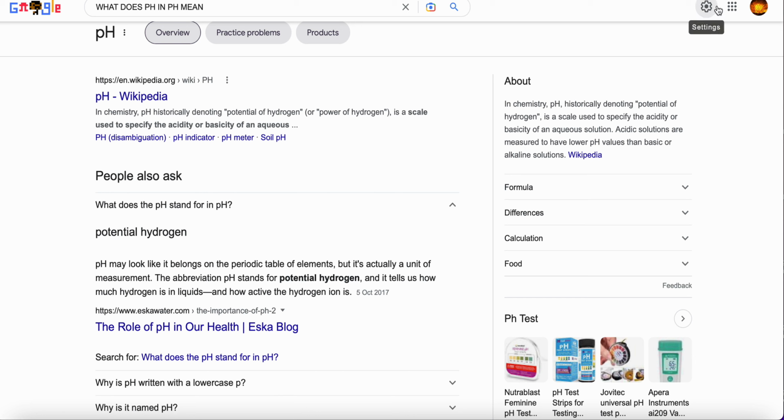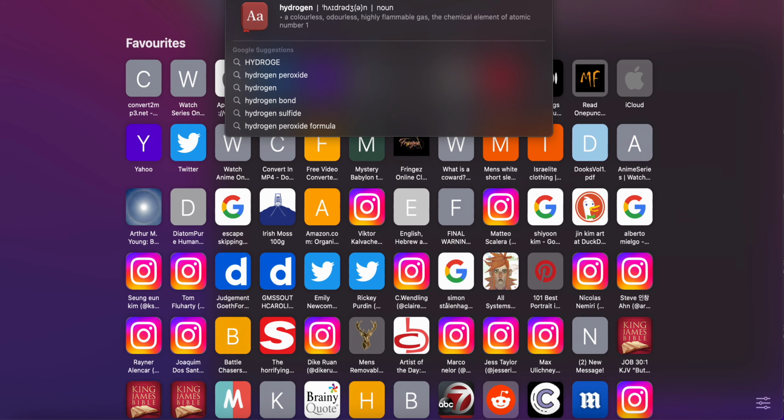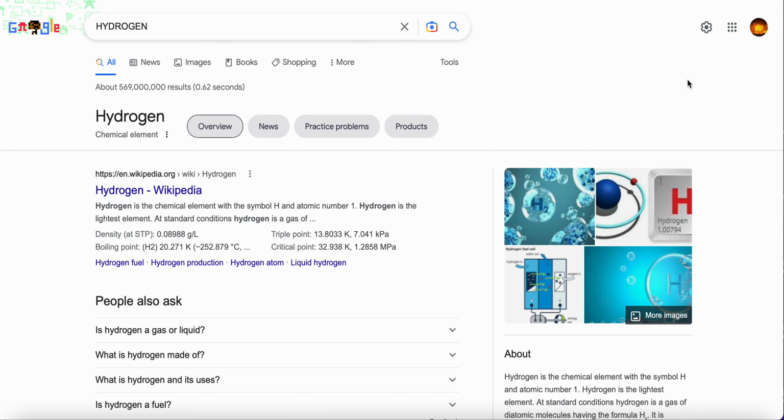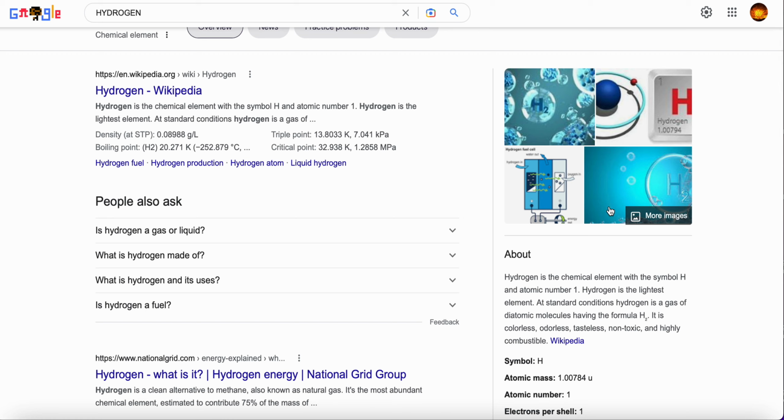And let's look up hydrogen. Hydrogen is the chemical element with the symbol H and atomic number 1. Hydrogen is the lightest element. At standard conditions, hydrogen is a gas of diatomic molecules having the formula H2. It is colorless, odorless, tasteless, non-toxic, and highly combustible.